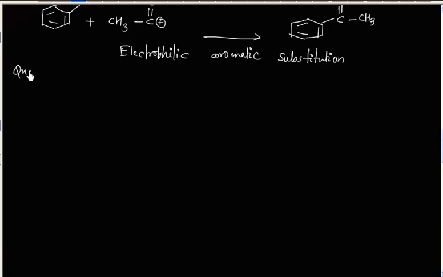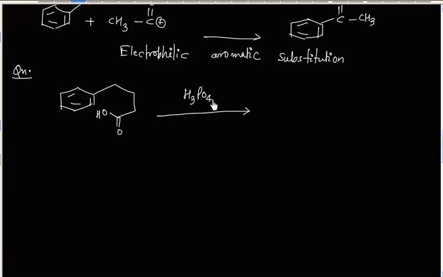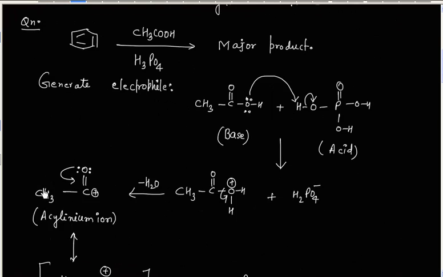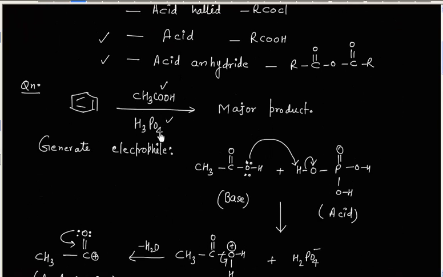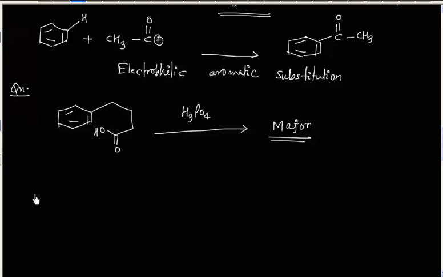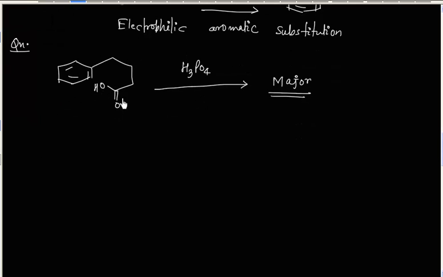Now let us try this problem. What will be the major product in this reaction? And this reaction is same as the first reaction, that is acid reacting with H3PO4 generates acylinium ion. This time acid is in the same molecule.